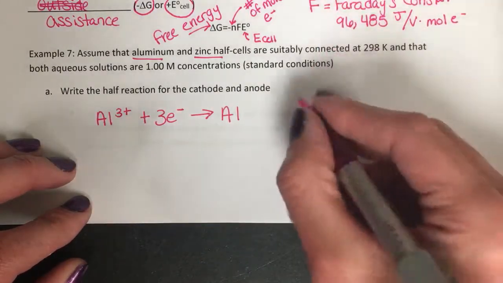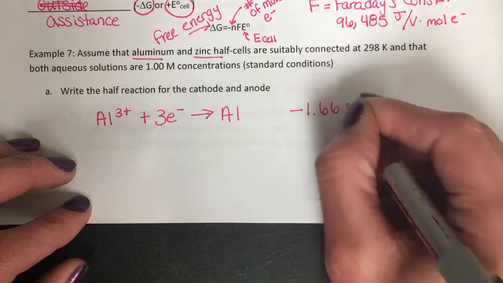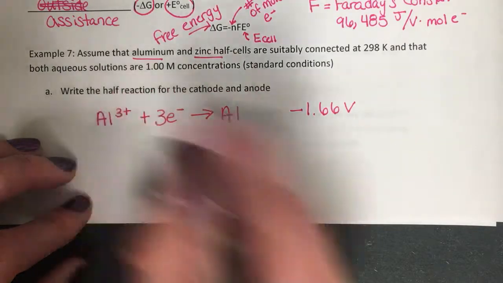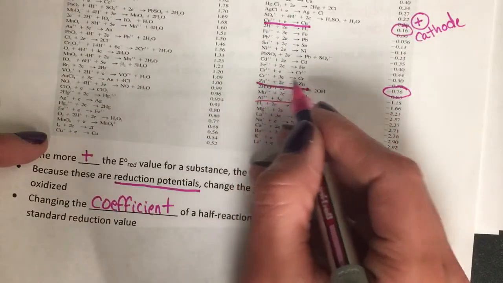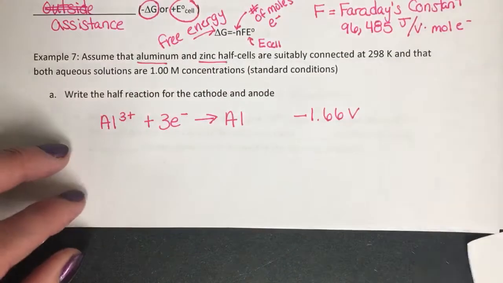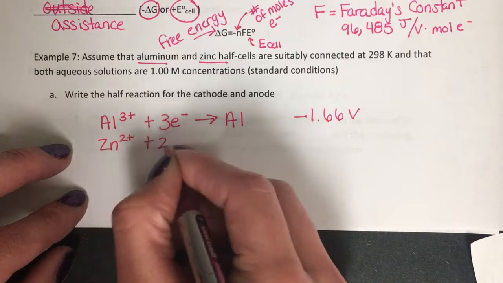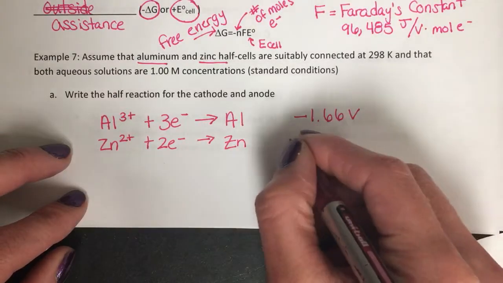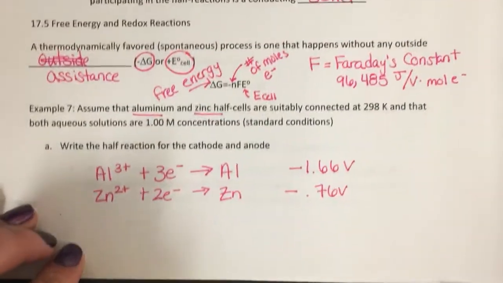And it had a standard cell potential of negative 1.66 volts. Zinc, if I look at my table, is going from a 2 plus to a solid by gaining 2 electrons. And this was a negative 0.76 volts.